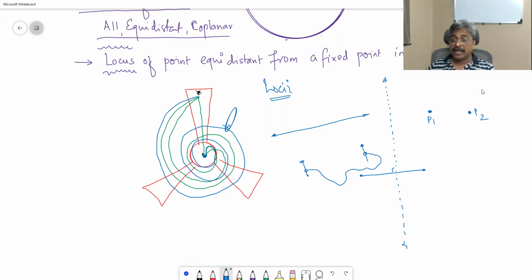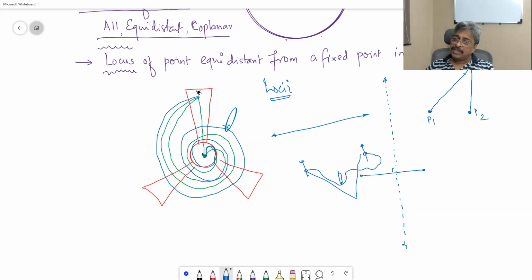I am looking at it from the top view. So I have a thread like this, and I am putting a pen here. Using the tip of the pen, I am stretching that thread. If I put it here and stretch it, it will become like this, right? So that is what this is.